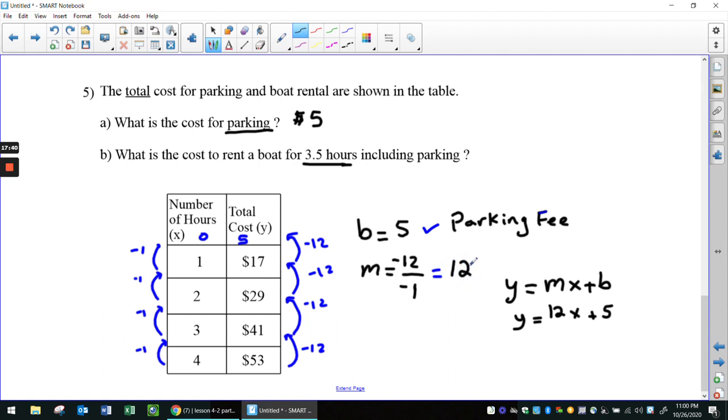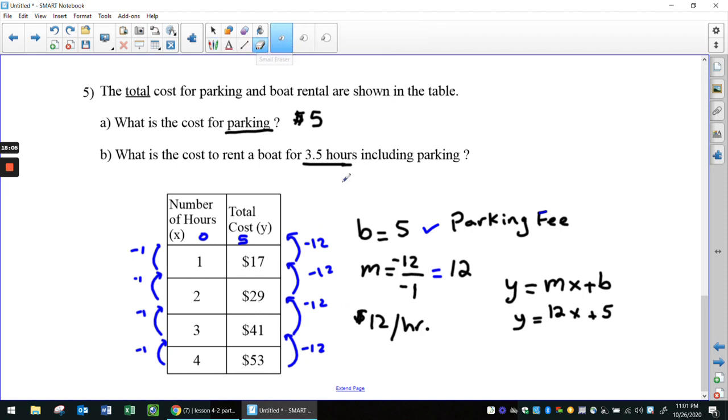So if I wanted to rent a boat for 1 hour, I would have to pay $12 plus $5, and that would give me 17. I would have to pay $17. That's where the 17 is coming from. So this 12 is $12 per hour for renting a boat, and that's your rate of change.